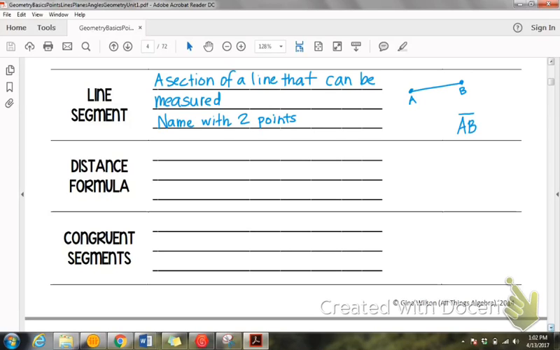We talked about yesterday our distance formula is our formula that allows us to find the measure of a segment.